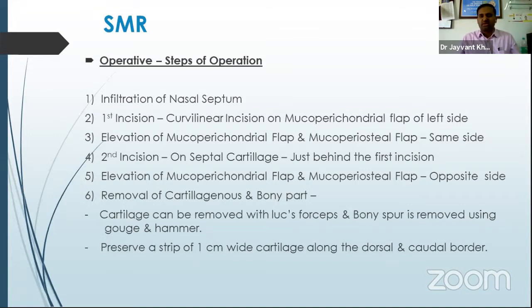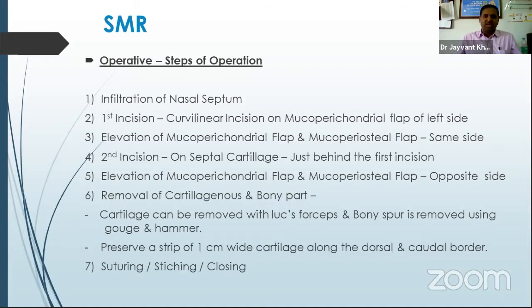You have to preserve it because saddle nose deformity, dropping of the nasal septum, is seen in the excessive resection of the nasal septum. So you have to preserve a strip of 1 centimeter cartilage along the dorsal part and caudal.